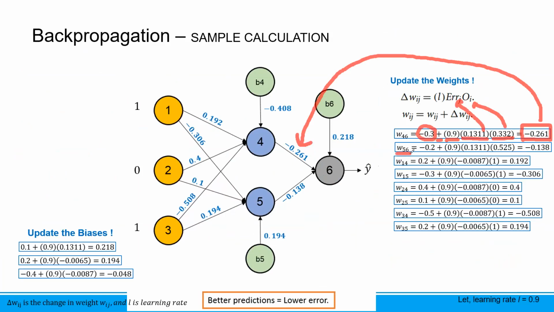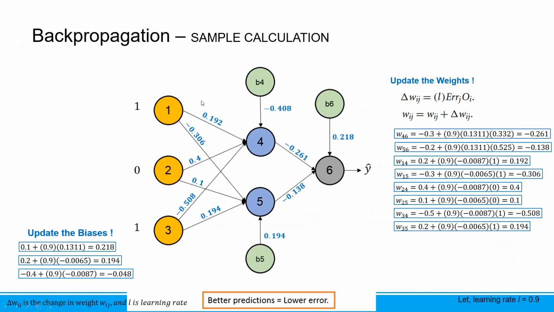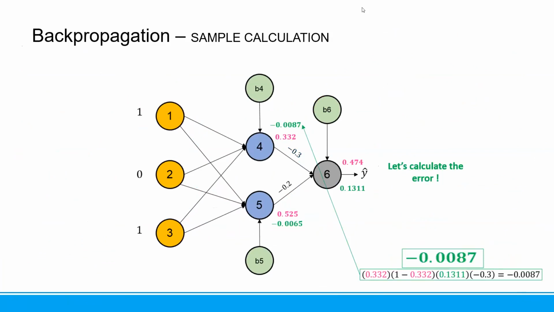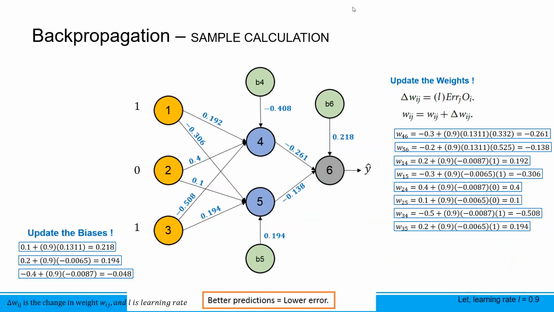What about the W56? We have minus 0.2. How can we know the minus 0.2? It is from here. So the minus 0.2 will be updated by adding the learning rate multiplied by the error in the unit 6 multiplied by the output in the particular unit.